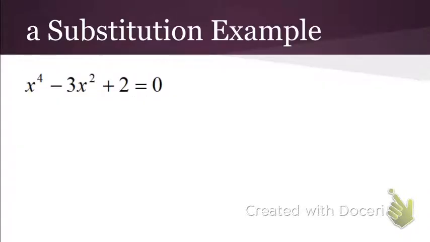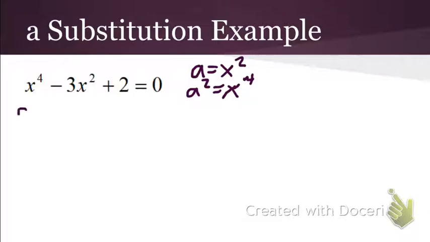So we got the same variable x, but it comes up twice, once as x squared and once as x to the fourth. So we're going to use substitution. We're going to say a is equal to x squared, and then if I square both sides, I get x to the fourth is equal to a squared.